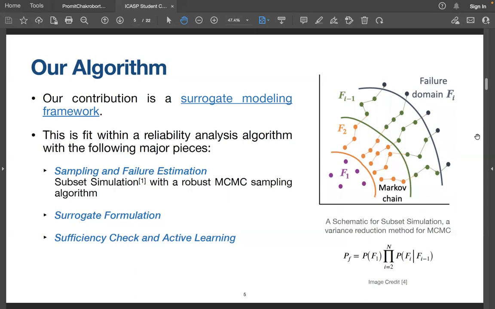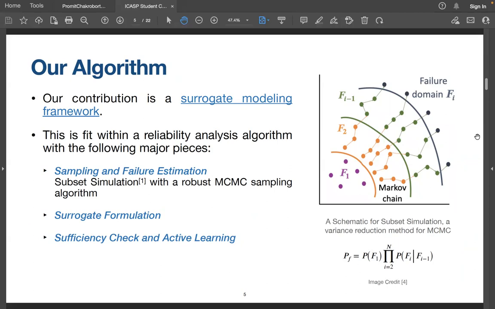For the first piece, for sampling, we use the subset simulation algorithm with any robust Markov chain Monte Carlo sampling algorithm. For those who are unaware, the subset simulation algorithm is the current benchmark for rare event reliability analysis and progresses as the schematic shows on the right of this slide. Basically, we take the input domain of the system and divide it into a sequence of subsets that converge to the failure domain.